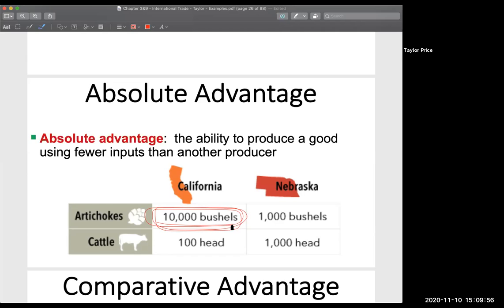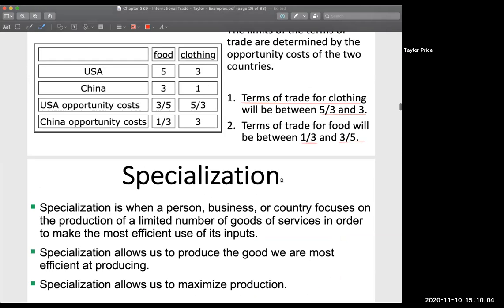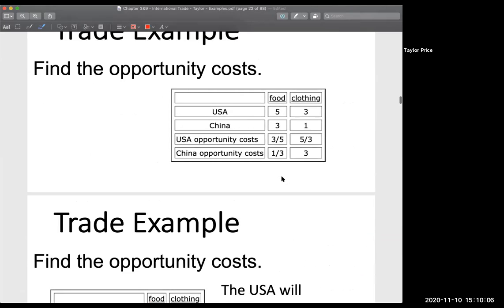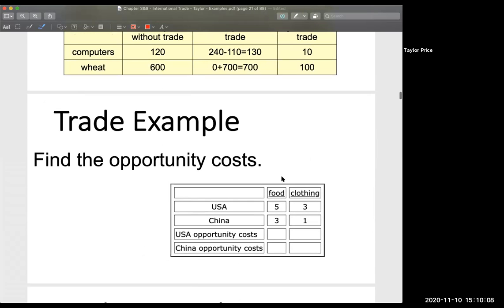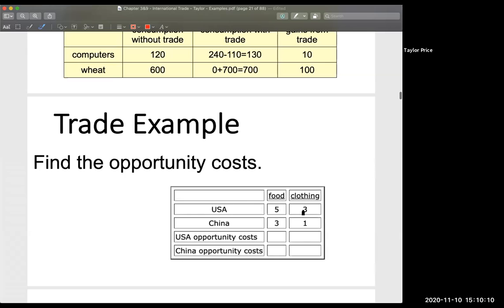Whereas for cattle, Nebraska has the absolute advantage in production. And so if we look at a different example, let's take this example. In this example, the US has the absolute advantage in the production of food and the absolute advantage in the production of clothing.